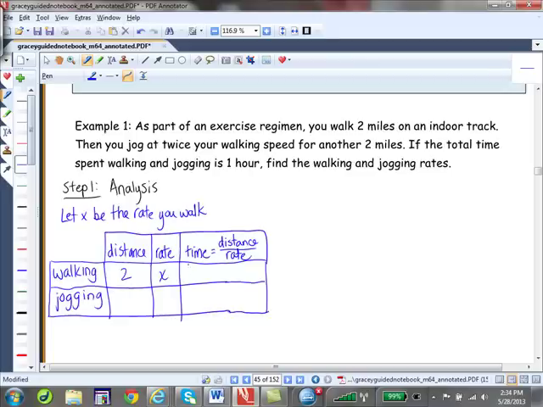Let's just call that time 1. And that's going to be 2 over x. Now we look at the jogging. We jogged for 2 miles. The rate is double the rate for walking, so 2x. So the second time is going to be 2 over 2x, which do you see is equal to 1 over x?